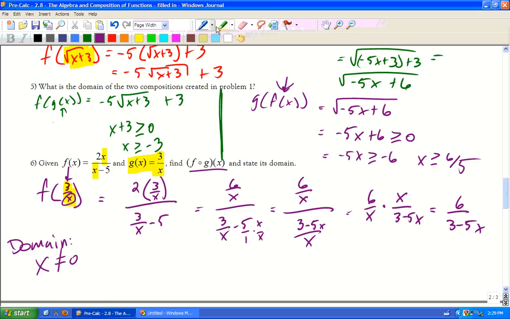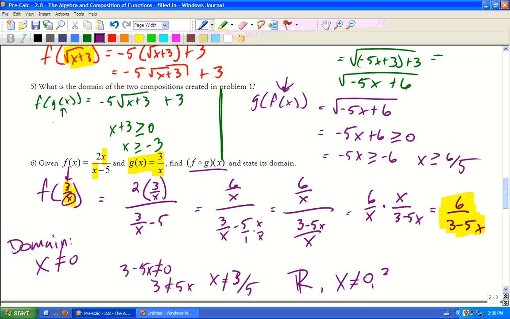When we go to our final solution of 6 over 3 minus 5x, once again, 3 minus 5x cannot equal 0 because we'd be dividing by 0, which means 3 cannot equal 5x, which means that x cannot equal 3/5, which means we have all real numbers, except for x cannot equal 0 or 3/5.